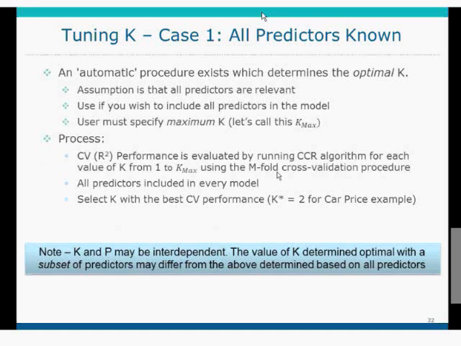Then we do the same thing in the second fold. So the second fold, we take those set of 10 cases, and we set them aside, and we estimate the model on the remaining cases, and we get a different set of regression coefficients. We apply those set of regression coefficients to the cases that we set aside.